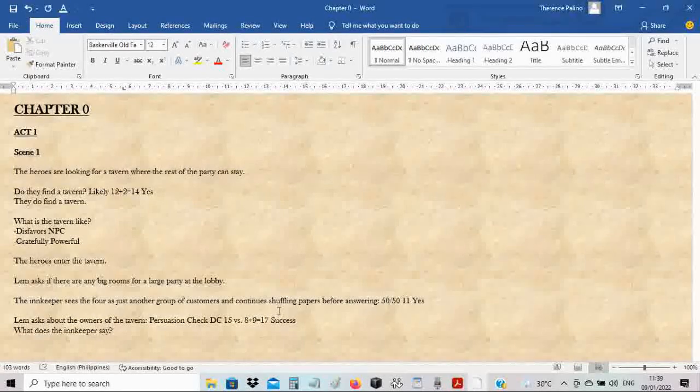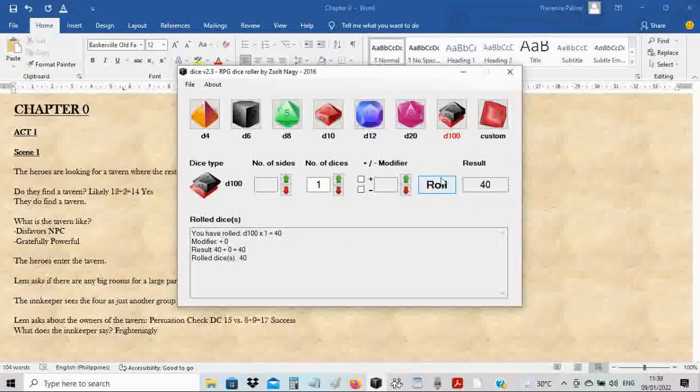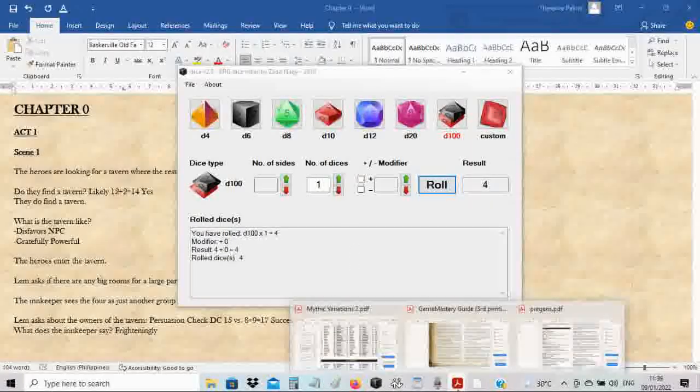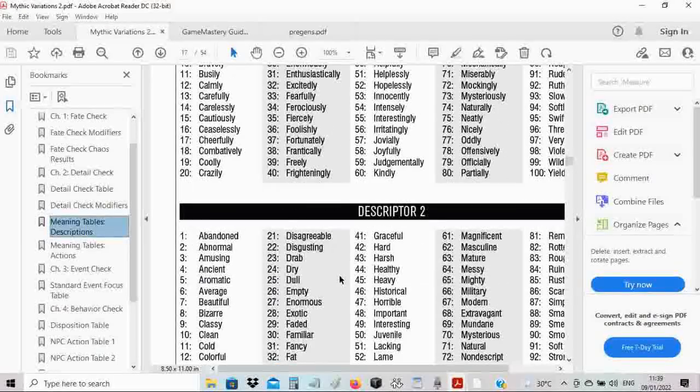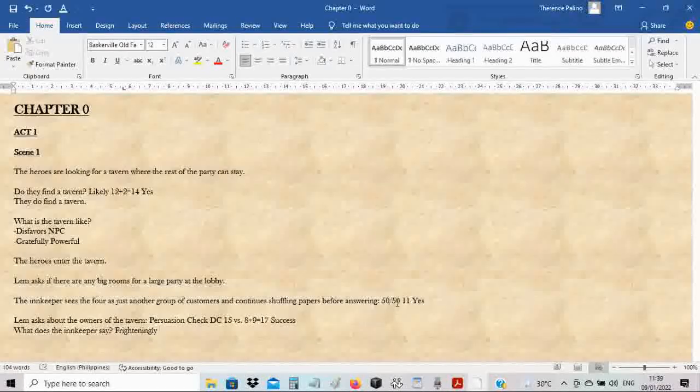Frighteningly. Whoa, I like the sound of this one. Four. Frighteningly ancient. Okay, I'm starting to get a vampire vibe from these people, so it's possible they're vampires. Okay, frighteningly ancient.